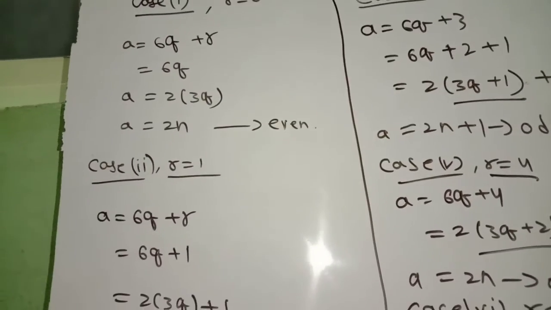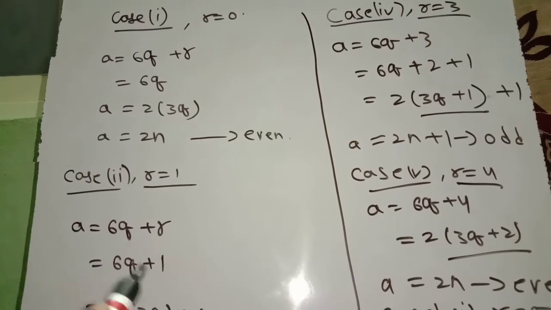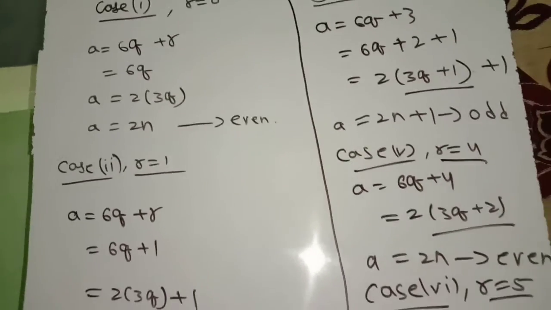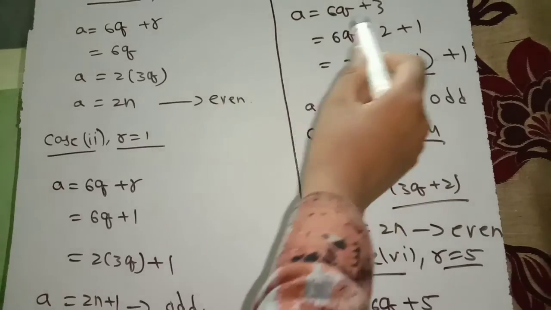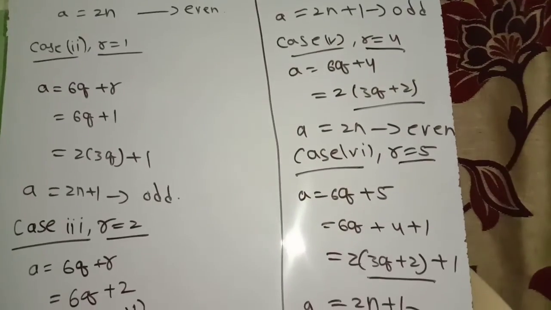So friends, according to the question, a = 6q + 1 is odd, a = 6q + 3 is odd, and a = 6q + 5 is odd.